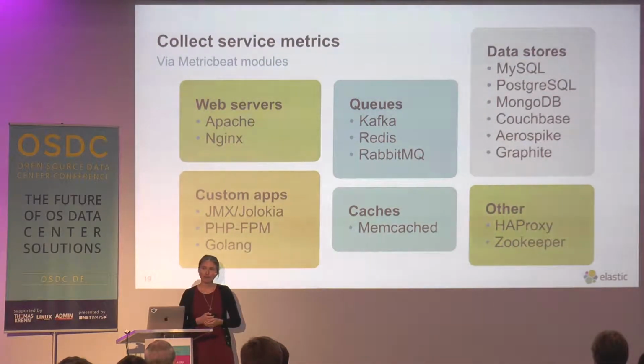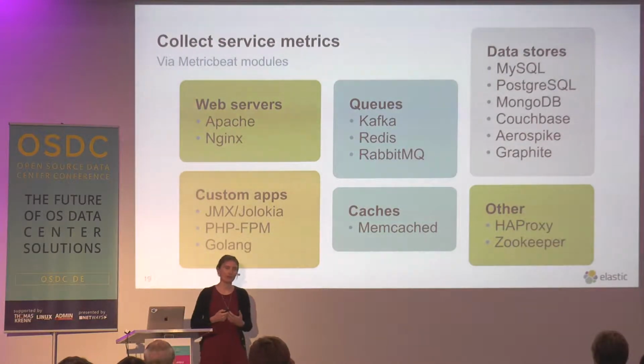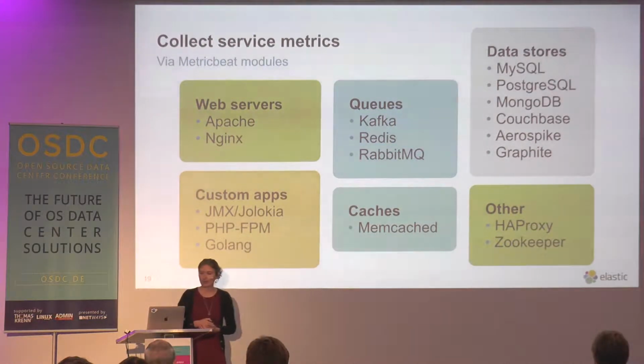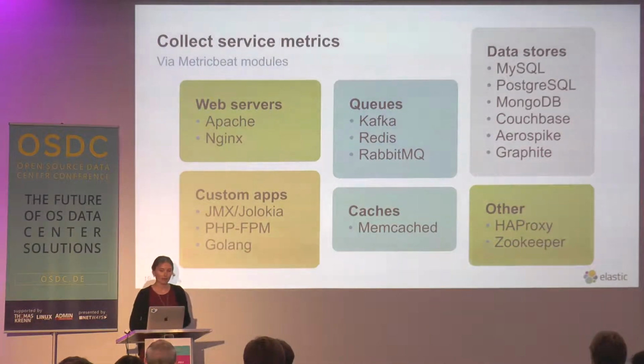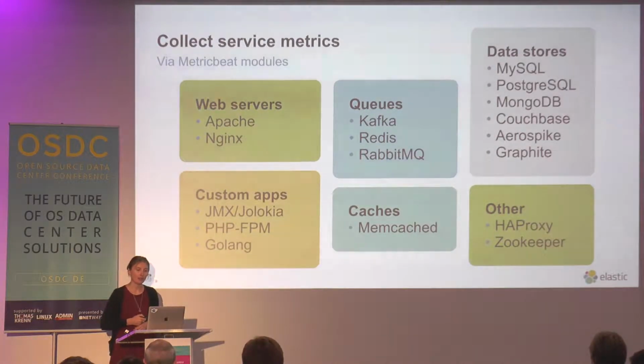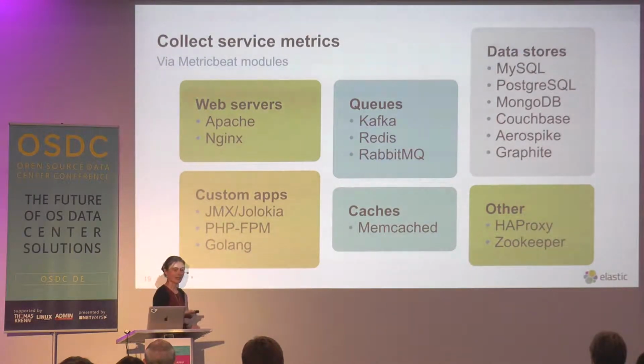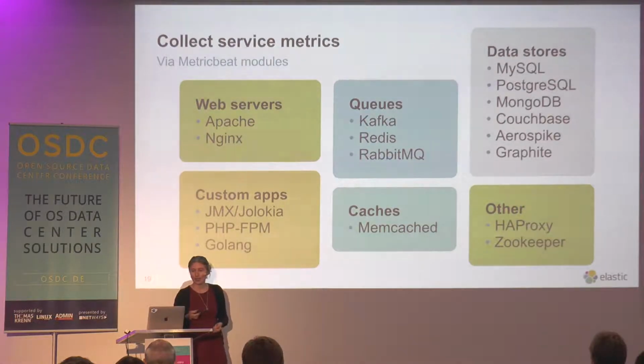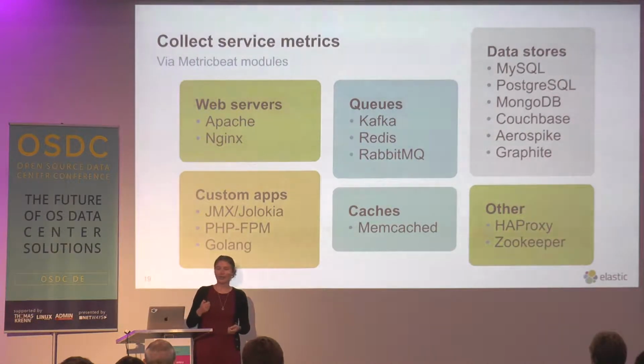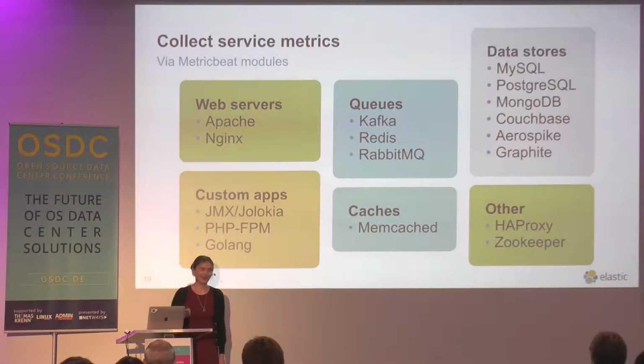We have Metricbeat modules for the most common services: for example, web servers like Apache and Nginx, queues like Kafka, Redis, and RabbitMQ, data stores like MySQL, MongoDB, and Graphite, and custom applications like JMX, Jolokia, Memcached, HAProxy, Zookeeper, and so on.